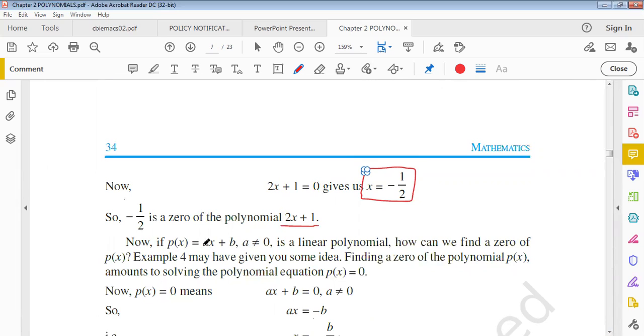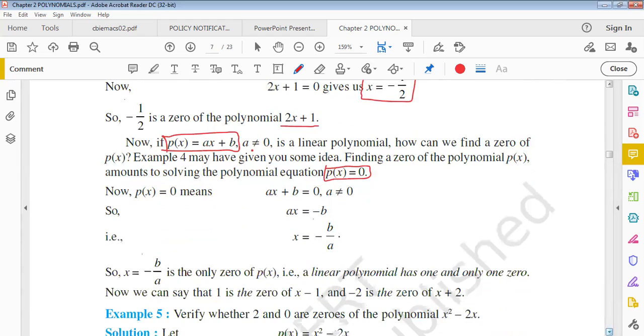Now, in general, अगर आपको कुछ polynomial दिया हुआ है, that is px equals to ax plus b, where a is not equal to 0, is a linear polynomial. How can we find the zero of px? So polynomial का zero find out करने के लिए क्या करना पड़ेगा हमको? जो भी polynomial दिया हुआ है, whatever polynomial is given to us, we have to put that polynomial equal to 0. उस polynomial को हम 0 कर देंगे.